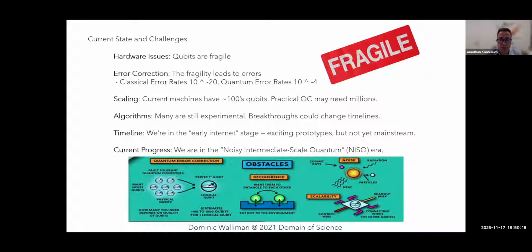In terms of the timeline, we're in the early internet stage. We have exciting prototypes, but we're not yet mainstream. We're in an era called the noisy intermediate scale quantum era. Companies like Google and IBM have built processors with dozens or hundreds of qubits, but they're still noisy and limited.